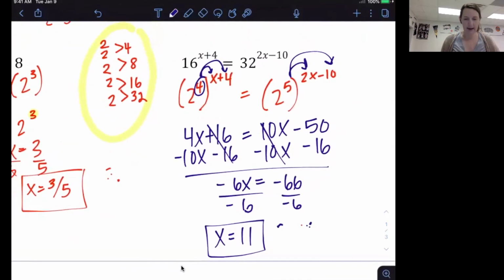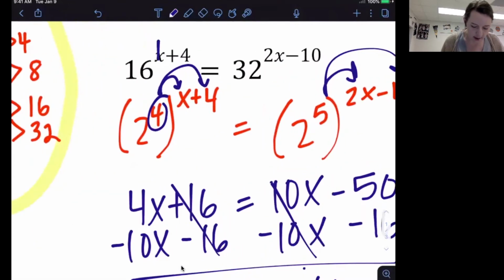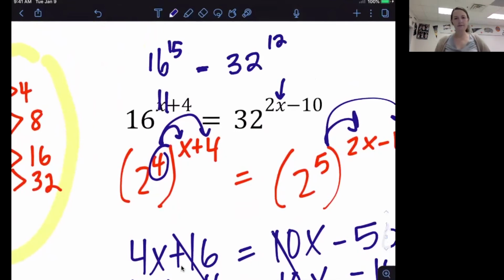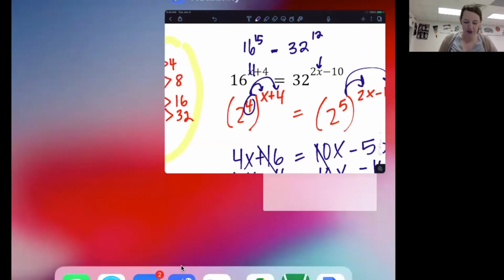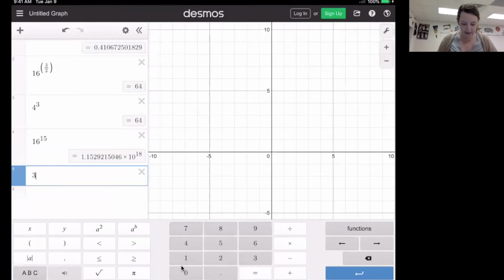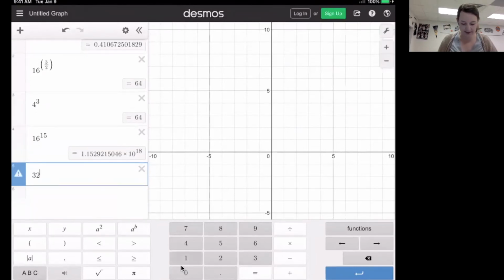If we plugged that back into our original equation, if I had an 11 right here, I would get 16 to the 15th power equals 32 to the 12th power. 16 to the 15th is a very long number in scientific notation.